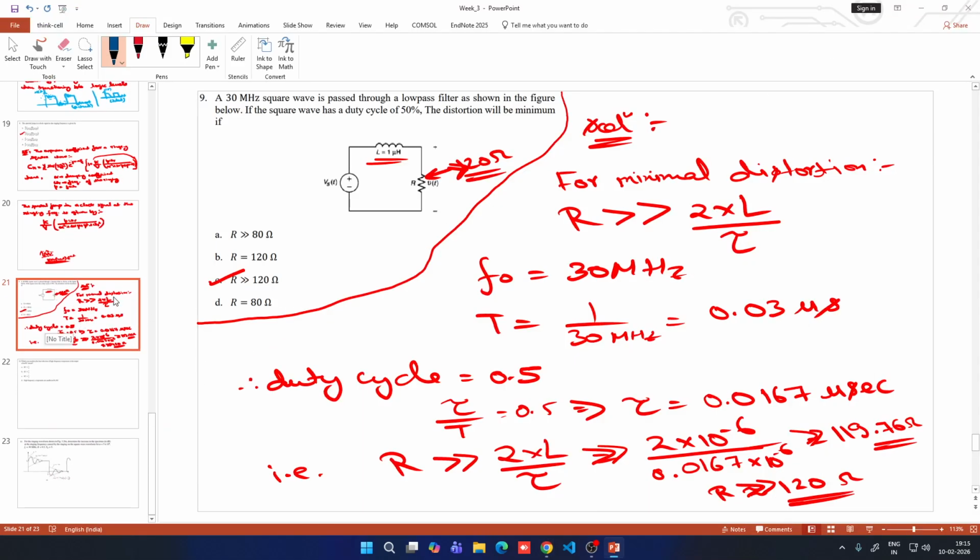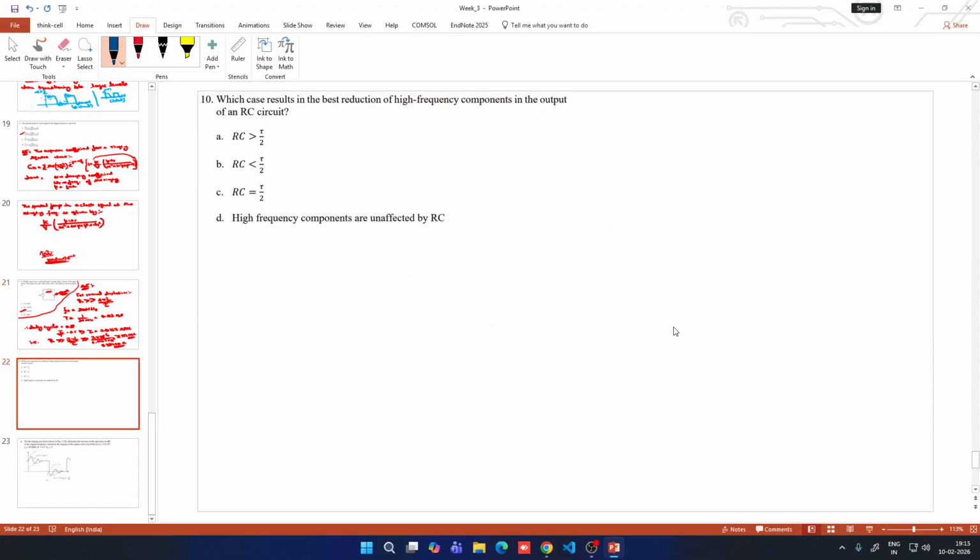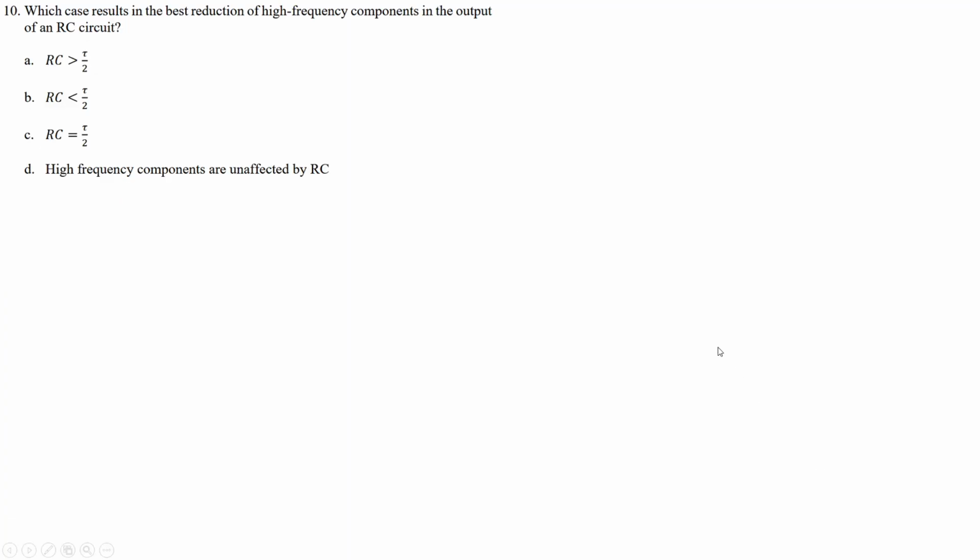If question number 9 is clear, we will move on to question number 10. Which case results in the best reduction of high frequency component in the output of a RC circuit? This also the professor has discussed in lecture 15. So if you see, I can directly write this as RC should be greater than tau by 2.